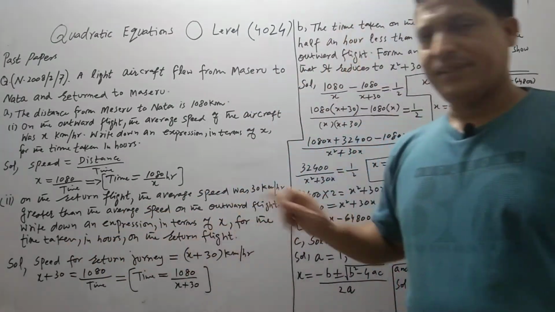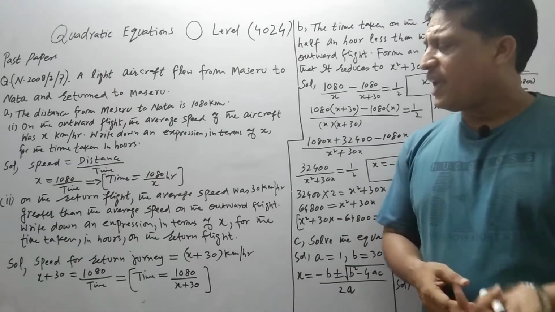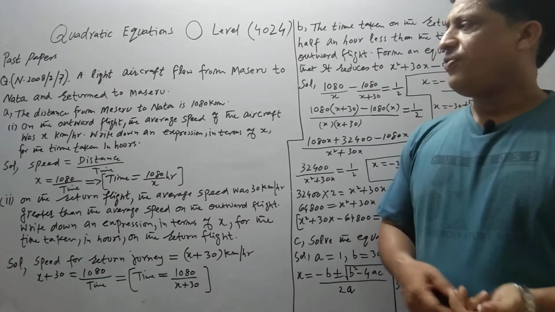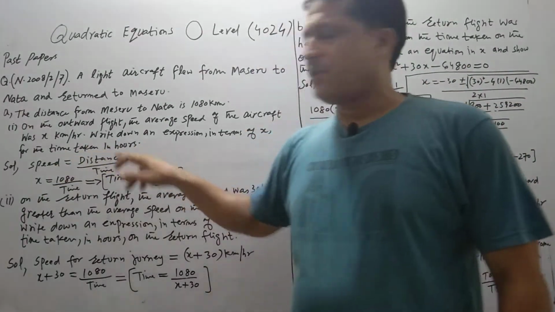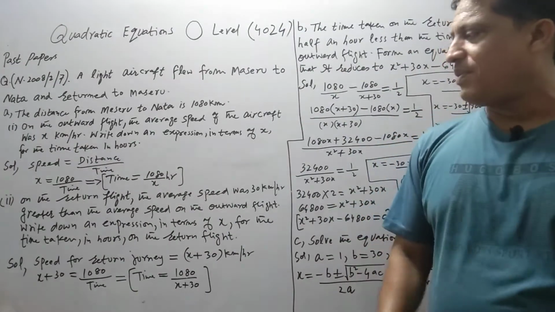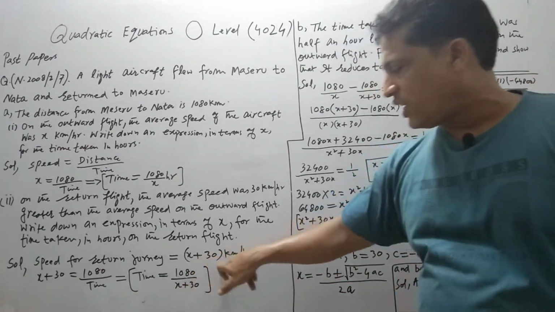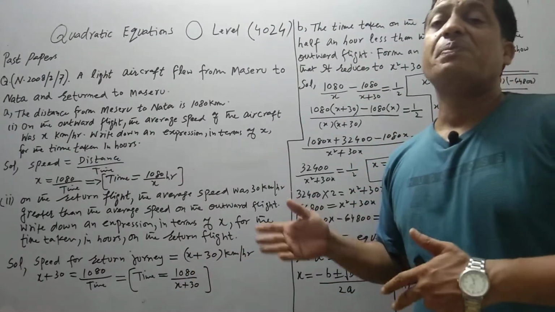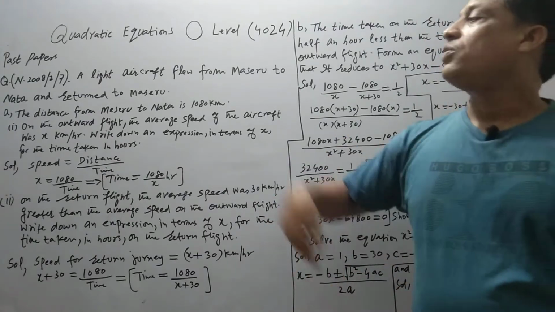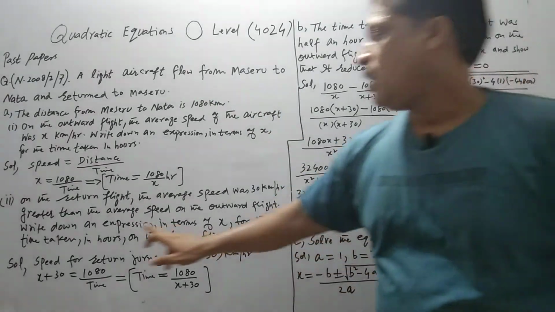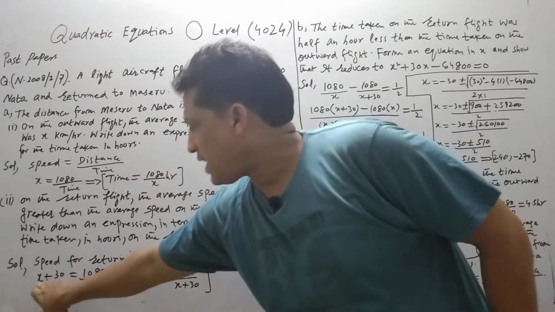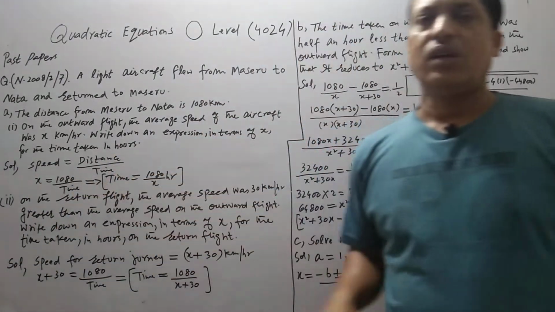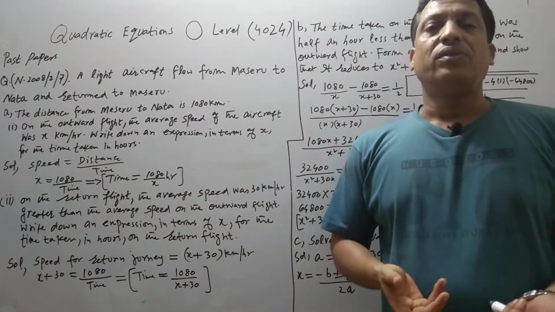Write down an expression in terms of x for the time taken in hours on the return flight. Again we will use the formula speed is equal to distance upon time, but this time the speed is x plus 30 km per hour, because the speed is greater by 30 than the outward flight. So x plus 30 is equal to the distance upon time.